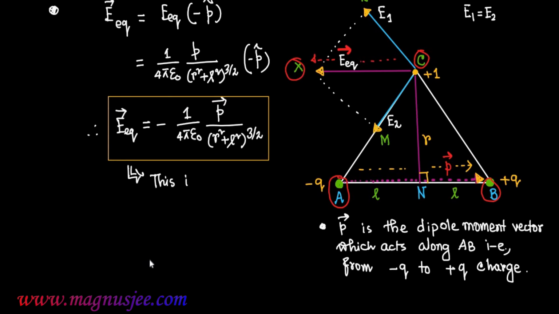This is the electric field intensity vector at a point on the equatorial line.